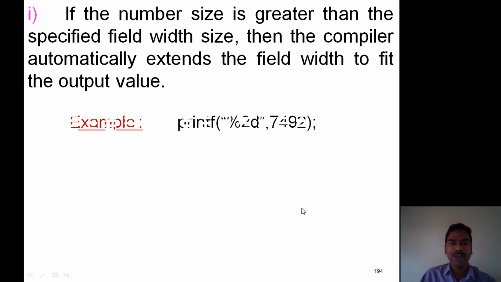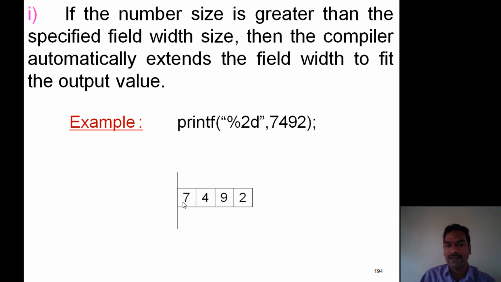See how it works: printf within double quotes %2d. Here we provided only 2 columns, but the value size is 4 columns. A 4 digit value is not possible to fit within 2 columns. Hence this 2 is automatically extended up to 4. Now it prints the output value as 7492, providing 4 columns with the digits placed within each column.